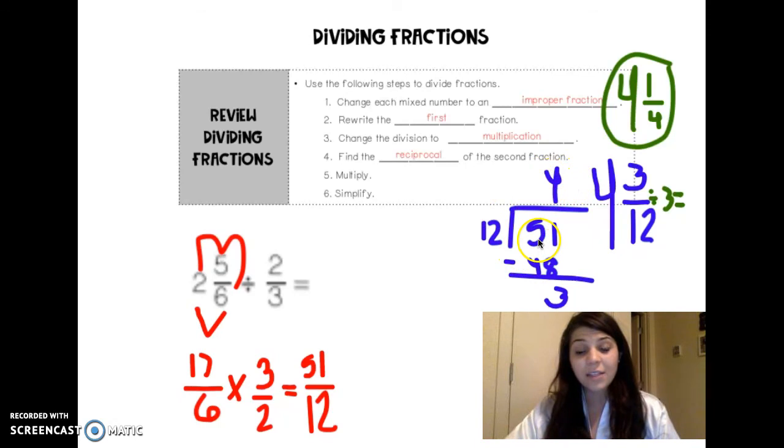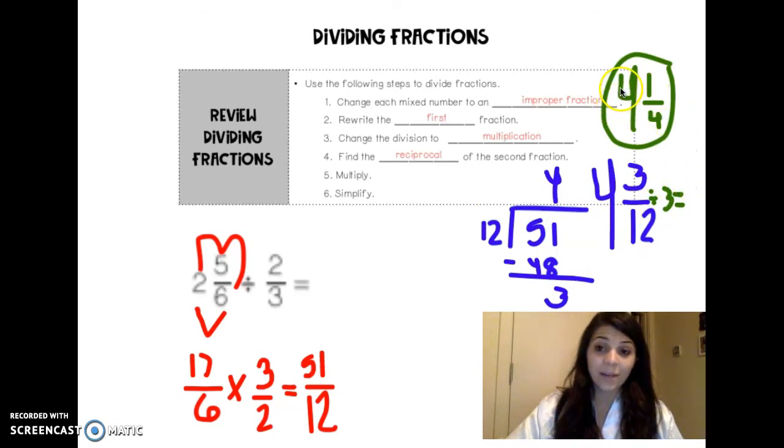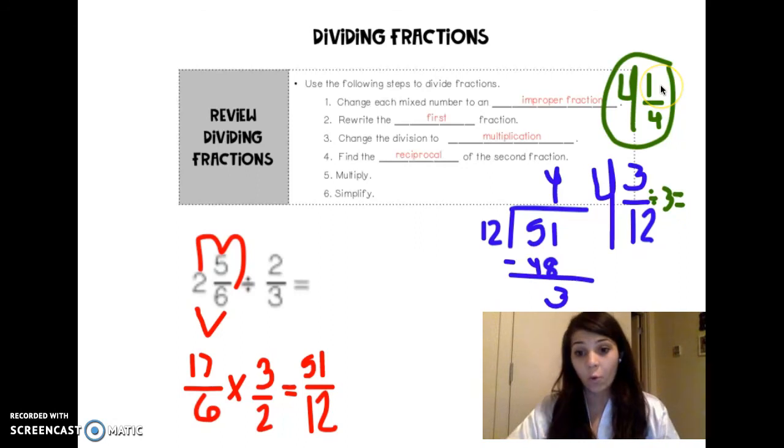So when I subtract 48 from 51, I get the remainder of 3. And since I have all these numbers in place, that top number becomes my whole number. My remainder becomes my numerator, and the divisor becomes my denominator. And since I can simplify that down by 3, my new answer is going to be 4 1/4.